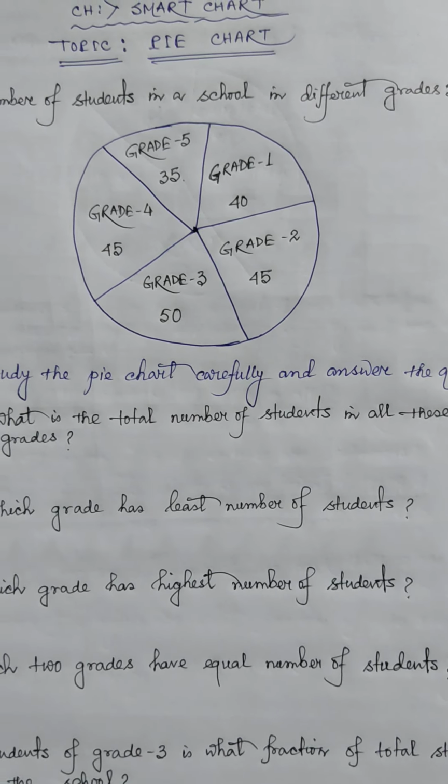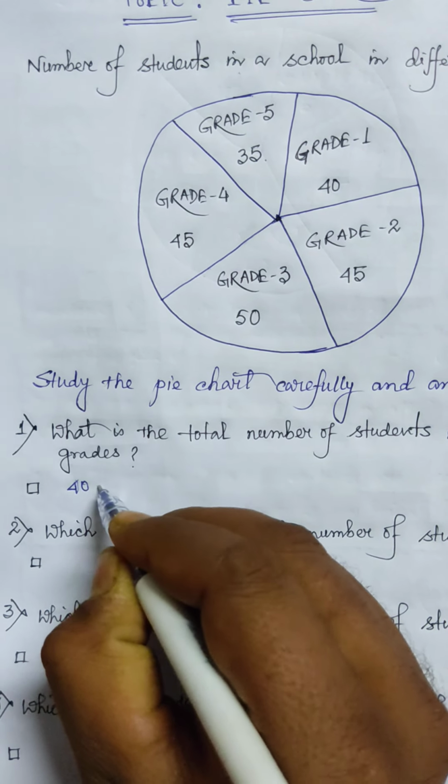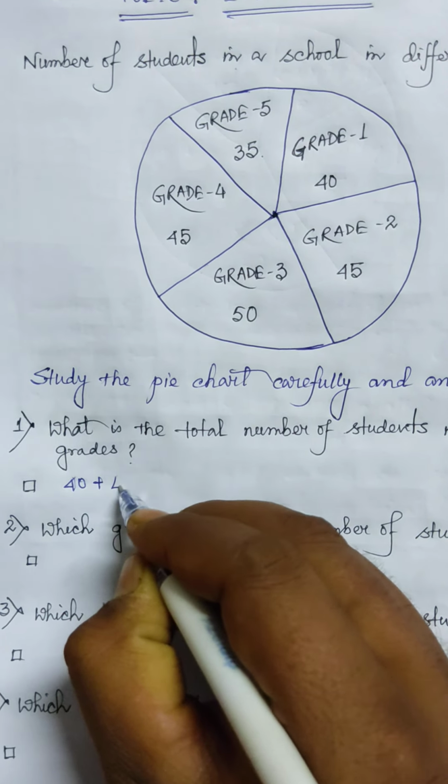Grade 1 40. So 40 plus 45 plus 50 plus 45 plus 35, which is equals to 5 plus 5 10, 10 plus 0 10, 10 plus 5 15, 15 and 5, 1 is carry, 3 and 1 4 are 8, 8 and 5 13, 13 and 4 17, 17 plus 4 21.